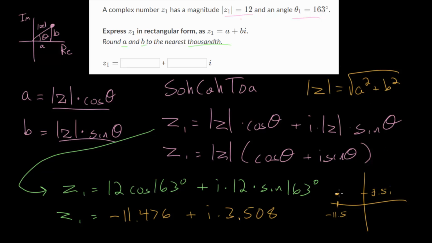And for the angle, you can verify this visually, since 163 degrees is slightly less than 180, and 180 would go all the way down to the negative real axis. So the angle looks to be correct, and the magnitude, if you plug these in, square them, add them together, and then take a square root, you will find that this magnitude is 12. So there are ways to check your work here to verify that you're doing this correctly.